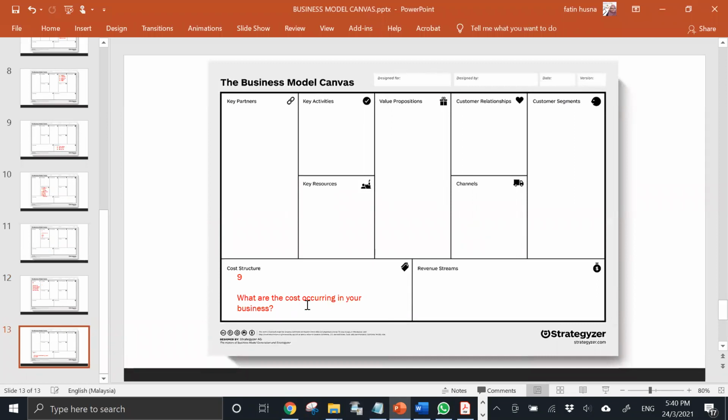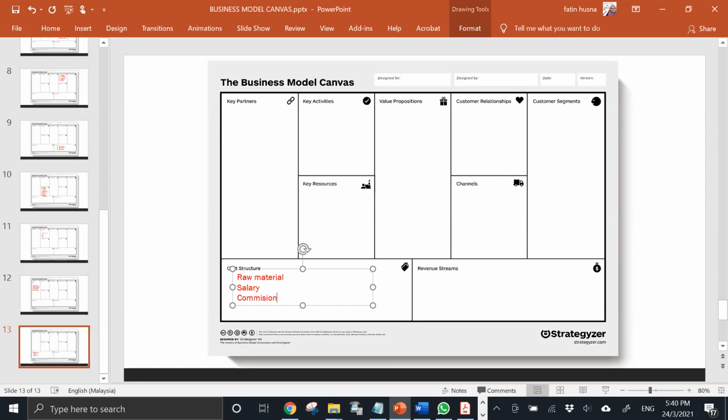Okay, costs. What are the costs occurring in your business? For example, raw material. This is something that students always put. If you take the delivery fee as part of your cost, you put delivery fee. If not, put it under revenue streams. For example, maybe salary, or maybe some commission to the agents.